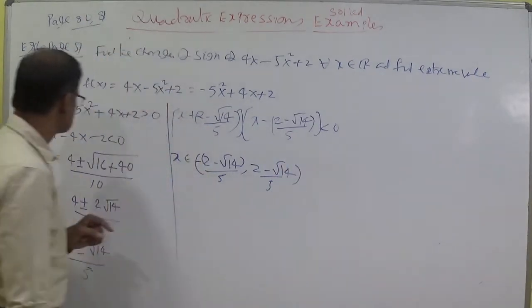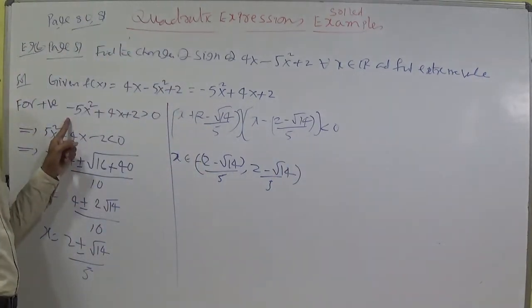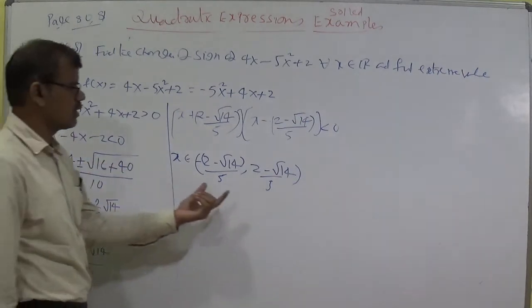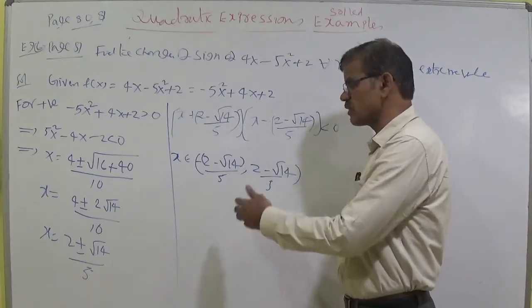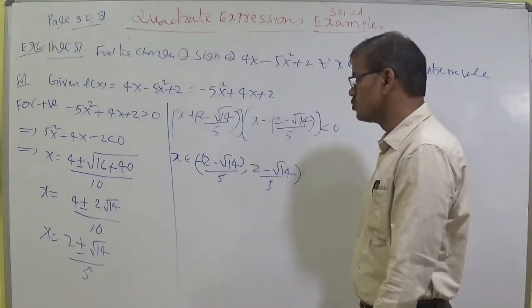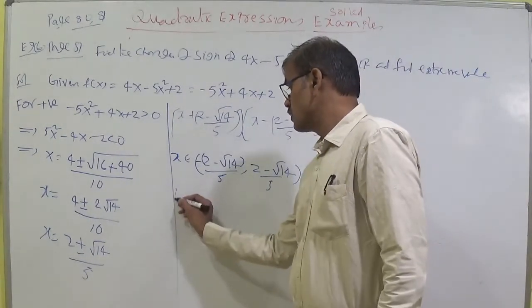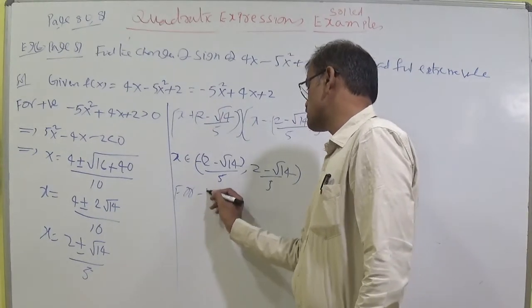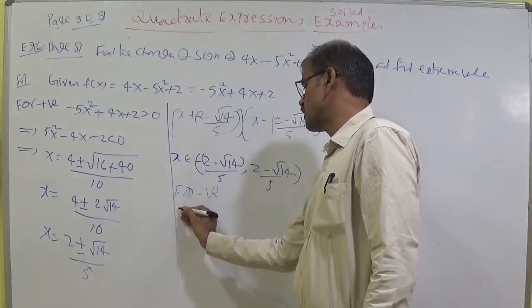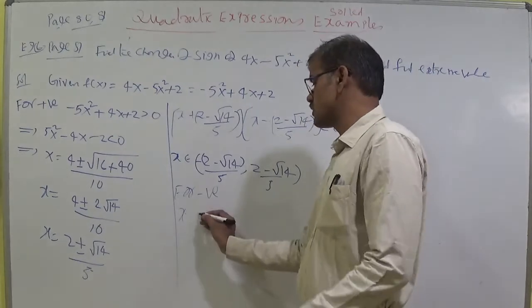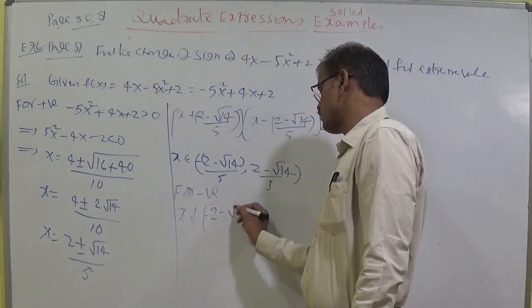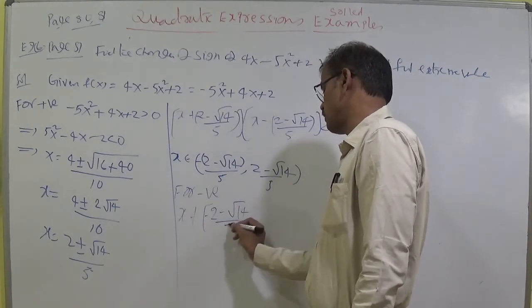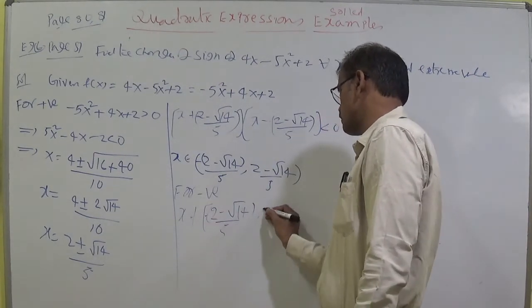That means if the expression is positive, the x value will lie between these values, 2 minus root 14 by 5 and 2 plus root 14 by 5. Now for negative, you can write directly that x does not lie between these values. You can write that as x less than 2 minus root 14 by 5, x greater than 2 plus root 14 by 5.